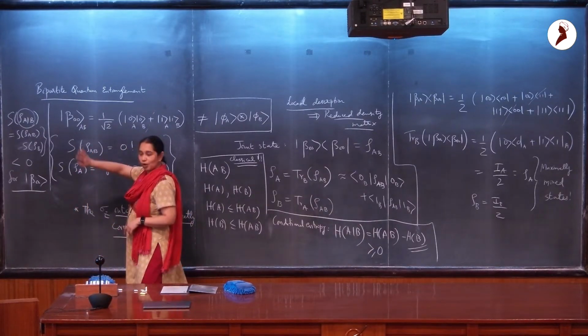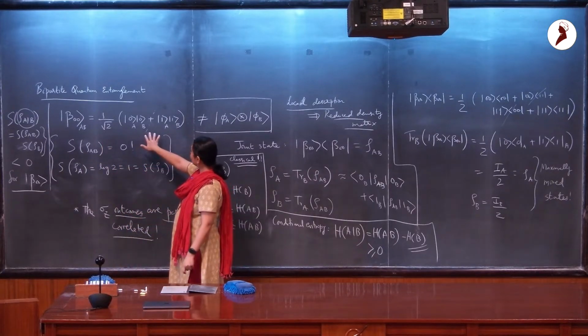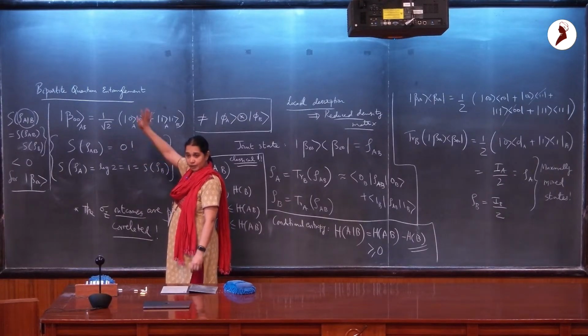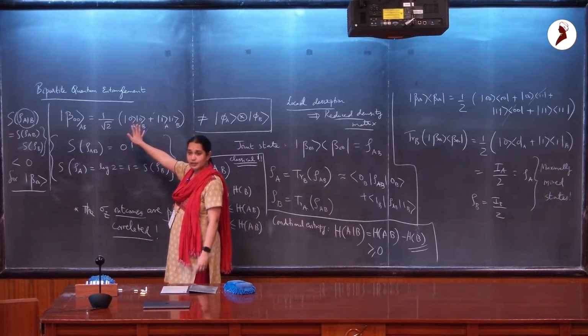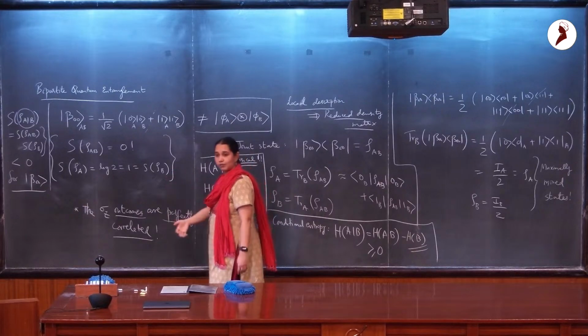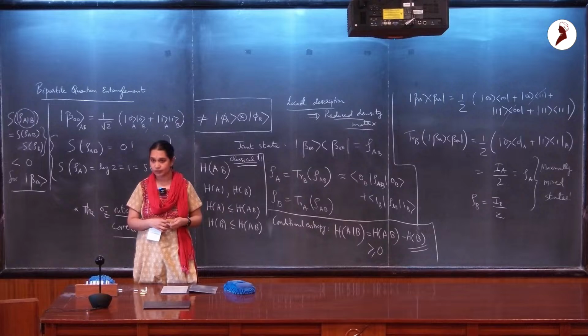So maybe think purely in terms of uncertainty, if that is more comfortable. This is a state which has zero entropy, which means I'm maximally certain about it. There is no uncertainty about this state, whereas states like this are states of non-zero entropy, and you have some uncertainty about the state.